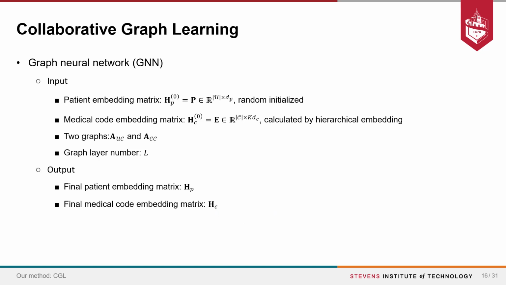Then we use a graph neural network to learn the hidden relationship among patients and medical codes. The input of this graph neural network is a randomly initialized patient embedding matrix P, the medical code embedding matrix E, which is calculated by the hierarchical embedding, the two graphs AUC and ACC, and the graph layer number L. In addition, in the first layer of GNN, we use HP0 and HC0 to denote P and E. The output of this GNN is the final patient embedding matrix HP and the final medical code embedding matrix HC.